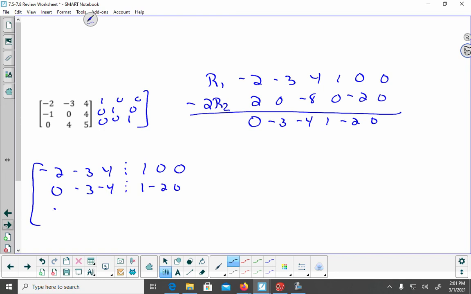And I do row 1 and row 3 to eliminate the x. Well, that's already a 0, so I'm just going to copy that row down.